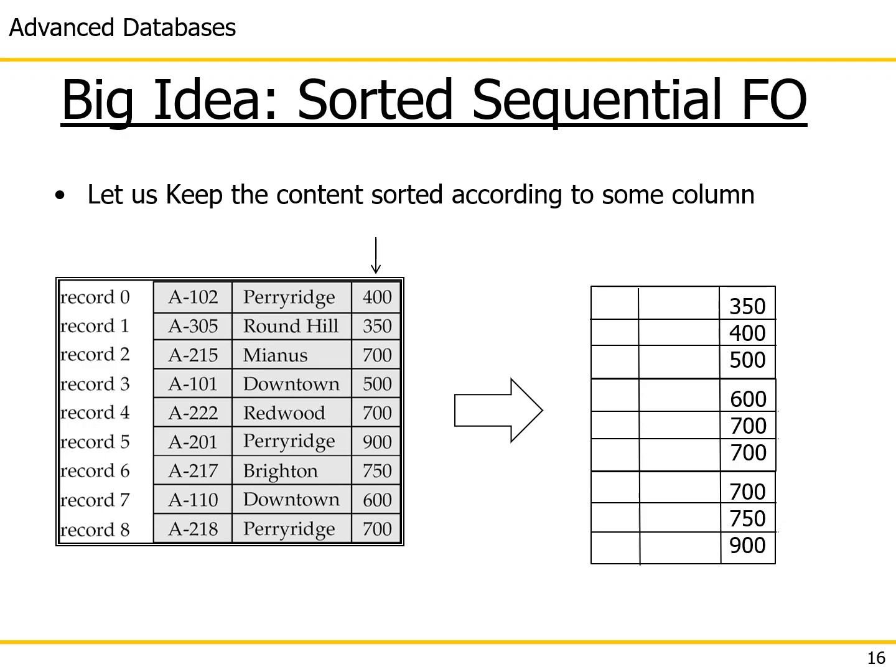So instead of the picture on the left, if we decide to sort by the last column, perhaps it's the customer bank balance, now we rearrange the rows so that they are sorted by the customer bank balance. So you see 350, 400, 500, 600, and so on.